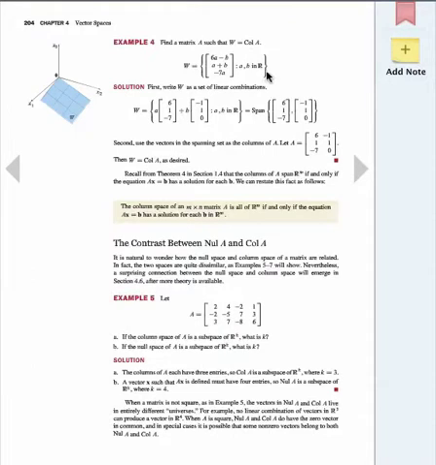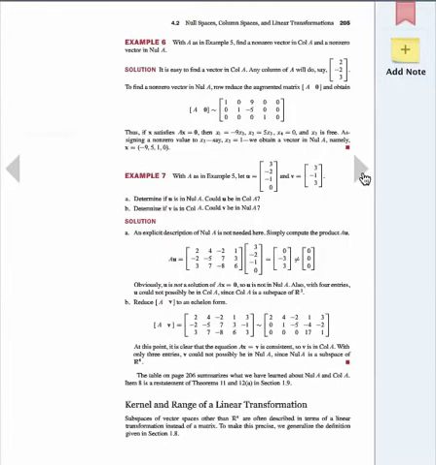Moving onward, we have a couple of examples where we sort of play with column spaces. And the book talks about the contrast between the null space and the column space of a matrix, and this is a kind of important example to work through and make sure that you understand what the differences are.